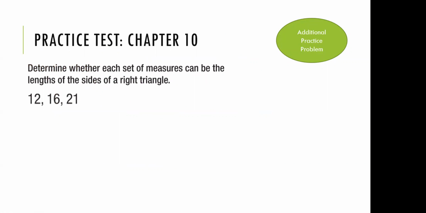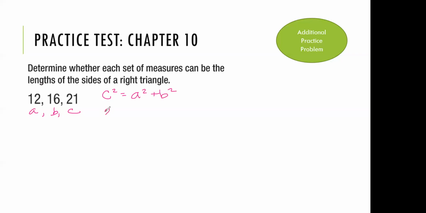So this is an additional practice problem here. It says determine whether each set of measures can be the lengths of the sides of a right triangle. So I'm going to use this as A, this is B, and this has to be C. Okay, remember C is always the longest side. I could use 16 as A and 12 as B, doesn't matter. But I'm just going to do it in the order it was given to me. So recall it's going to be C squared is equal to A squared plus B squared.